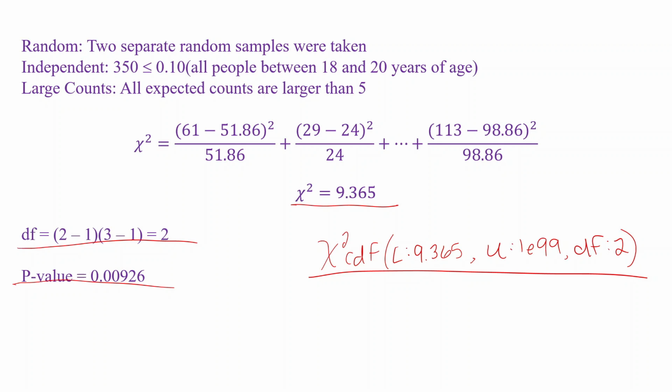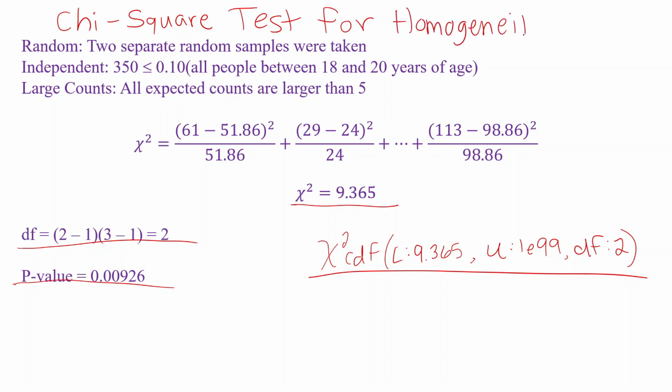All right. One thing you also have to do here that I also left out is you do have to name the test. I don't think I named it on the last page, but you do have to name the test. And you can't just call it a chi-squared test because there's 3 different kinds of chi-squared test. You do have to name it a chi-squared test for homogeneity. At some point, whether it's the first thing you do on your page, or whether you just write it off to the side, you do have to name your test.